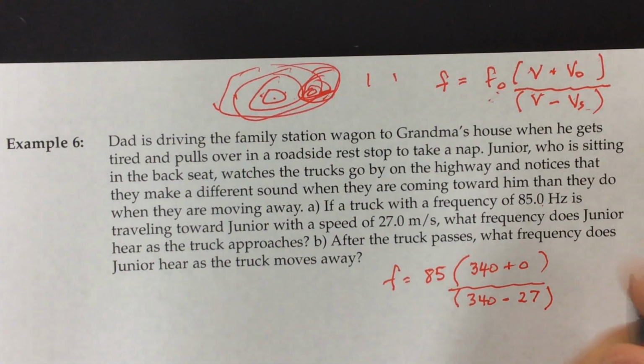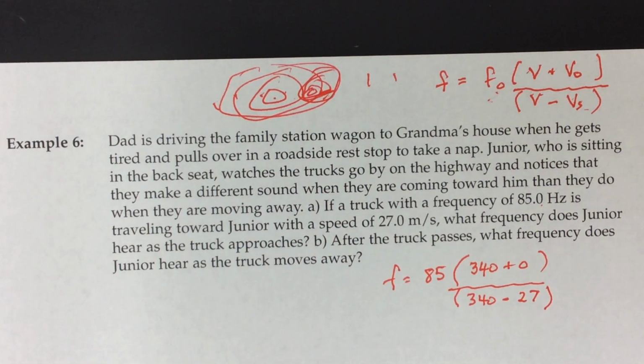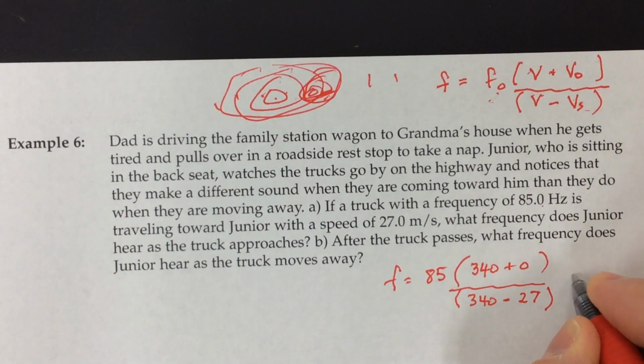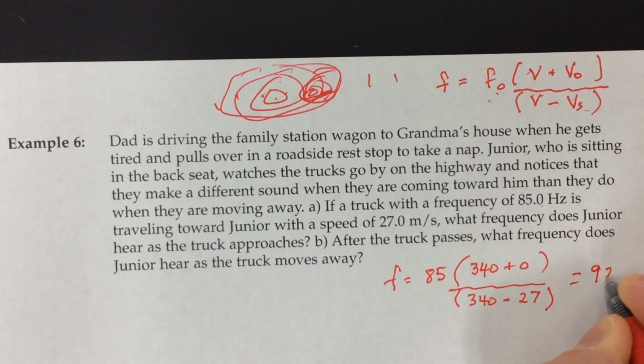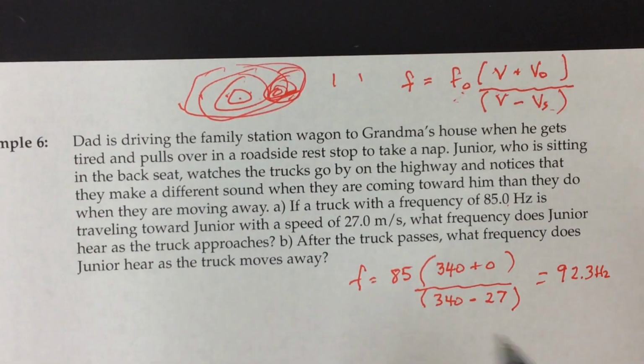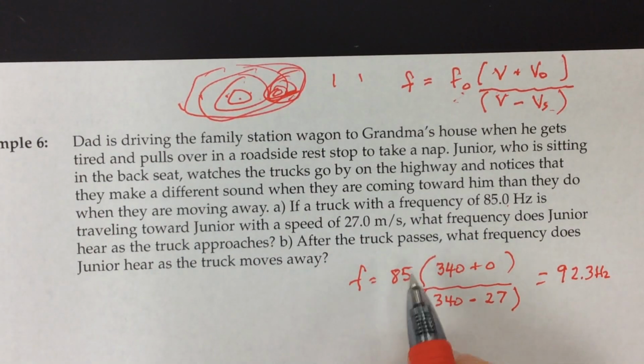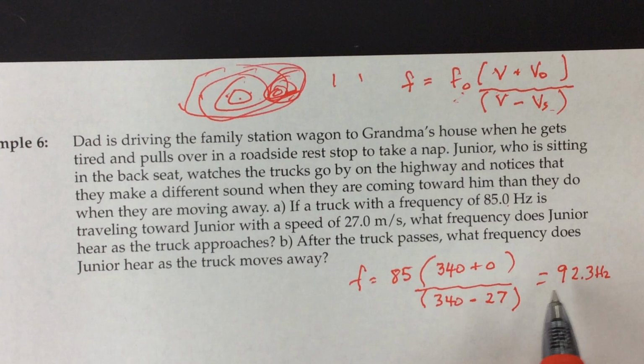Okay, so calculator. 340 plus 0 divided by 340 minus 27 times 85 gives me a total of 92.3 hertz. So it has an original 85, but it has an apparent 92.3. It's approaching, it gets higher and higher in pitch and makes it sound like it's getting faster or higher.